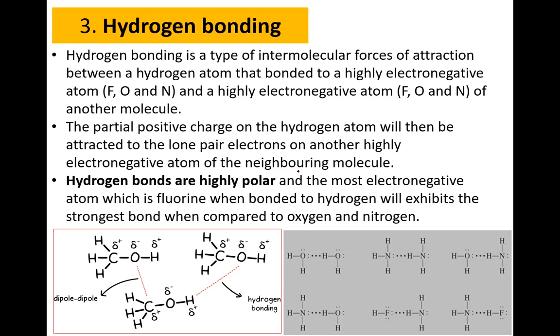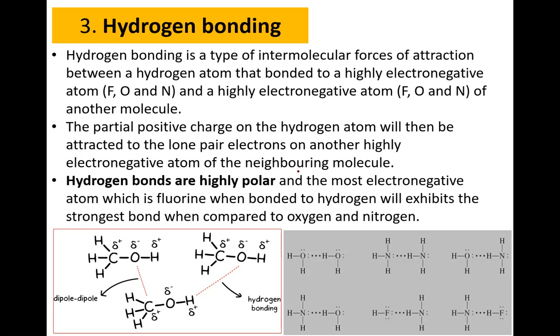Now, let's look at hydrogen bonding. Hydrogen bonding is a type of intermolecular force of attraction between a hydrogen atom bonded to a highly electronegative atom, fluorine, oxygen, or nitrogen, and a highly electronegative atom of another molecule. For example, water molecules contain hydrogen bonding.